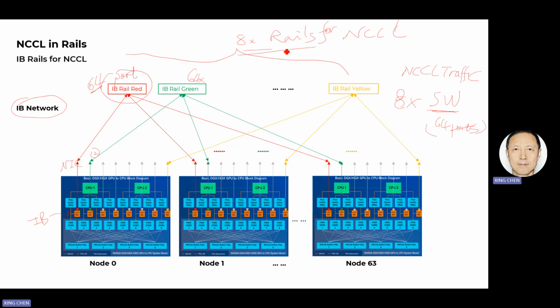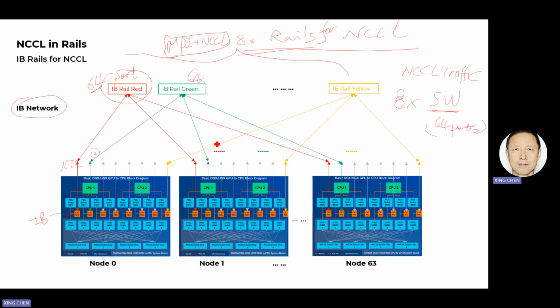8 reels for NICO. Because this programming is a kind of mixed programming model, it's MPI plus NICO. For the MPI traffic, for the MPI communication, they need just 1 reel to realize this communication.